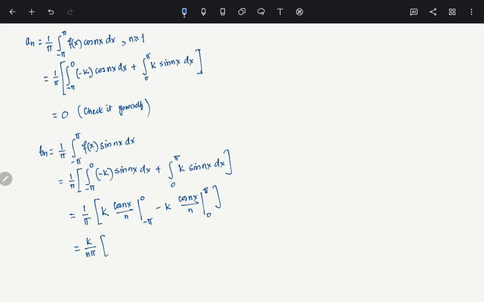So it becomes cosine 0 minus cosine minus n pi minus cosine n pi plus cosine 0.